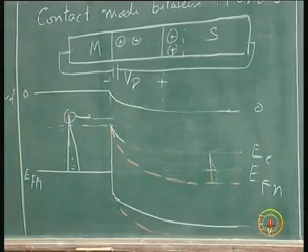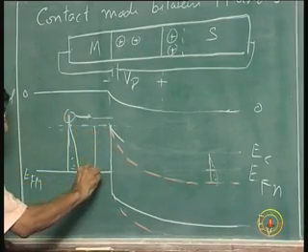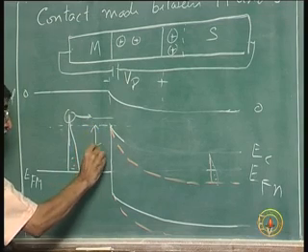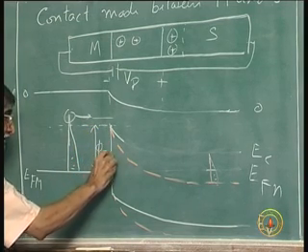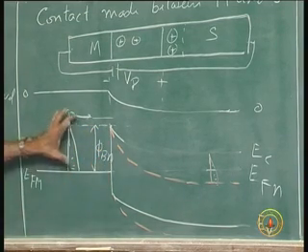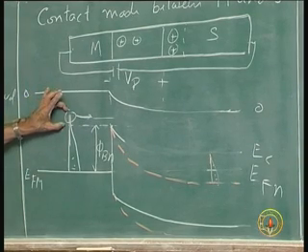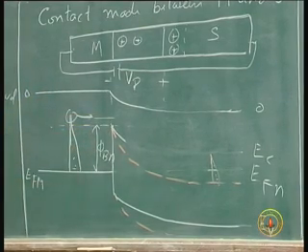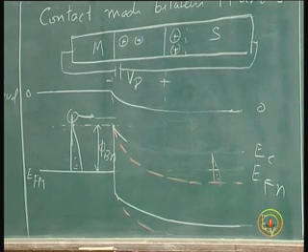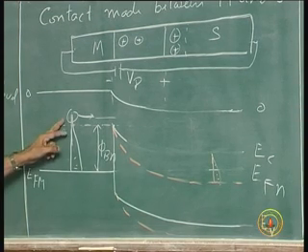But again to point out, under reverse bias condition or thermal equilibrium or forward bias, this barrier is not changing. So the number of electrons which can cross from the metal to the semiconductor is never changing, that is I naught, the current due to that is I naught, that is not changing.